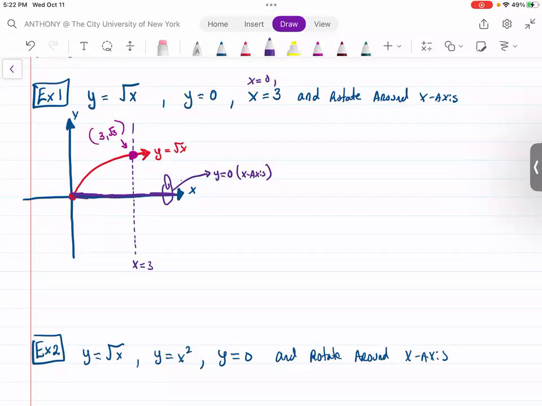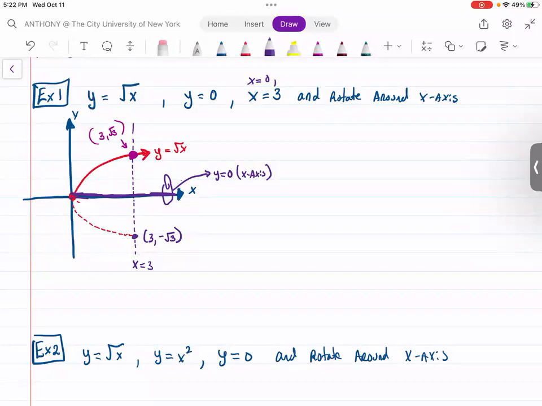The curve in red, I am reflecting over in dotted lines here. I'm rotating it over the x-axis. So when x is equal to 3 in this dotted region, this point would be 3 comma negative square root of 3.